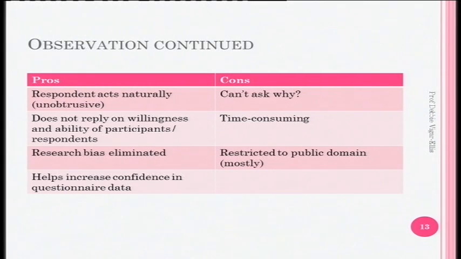You can see what they're doing and what they're saying, but you can't actually ask why. It is time-consuming. Don't be fooled. I did a journal analysis and my word, it took forever. You're talking about thousands of pages of data, but there's also some cool software we'll talk about just now. And it's restricted, mostly to the public domain, if you can get it past your ethical clearance.